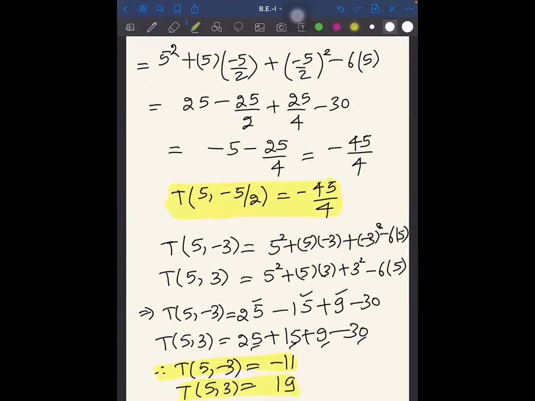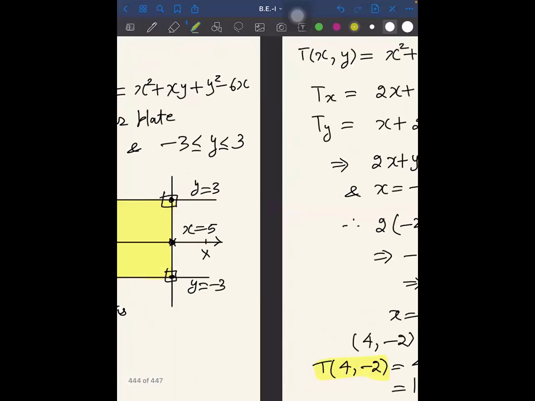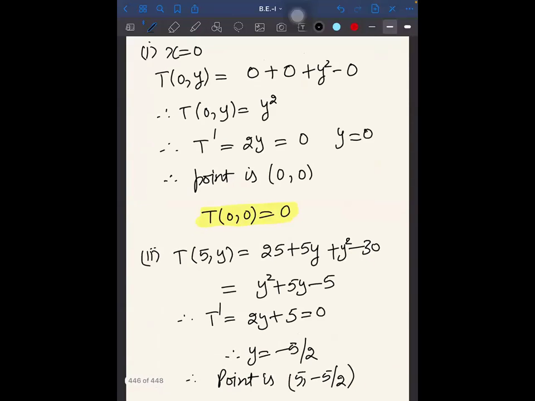So now we are left with y is equal to minus 3 and y is equal to 3, right? So these two lines we didn't calculate right now. So let's say now this was the number 2.